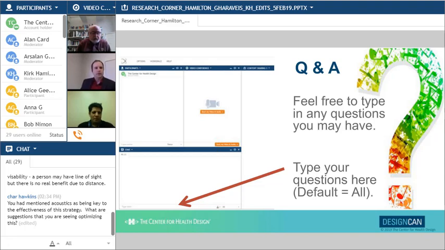Yeah, I think, Shar, you are talking about the potential for acoustics to be a difficulty that somehow disturbs the advantage that you're getting from high visibility.